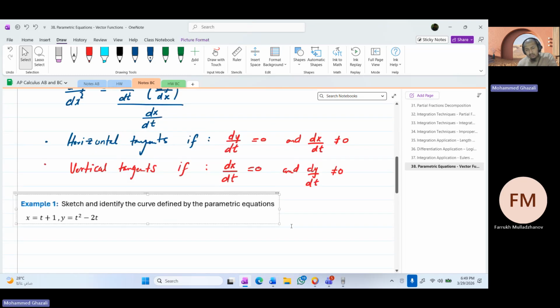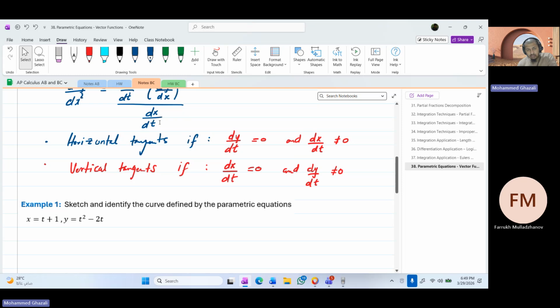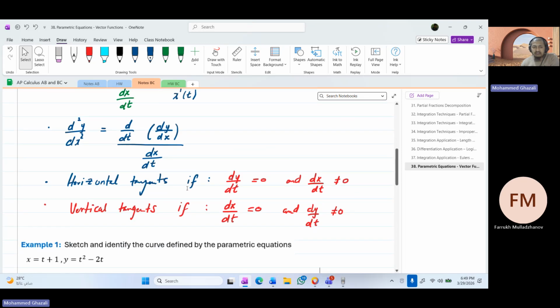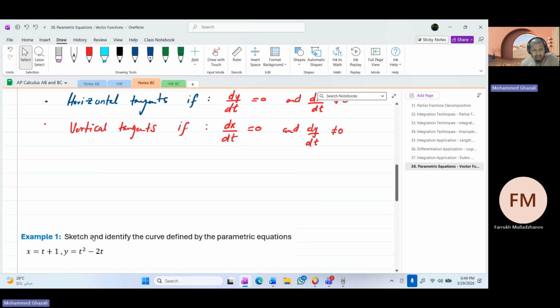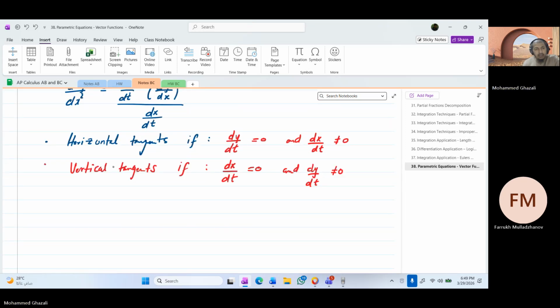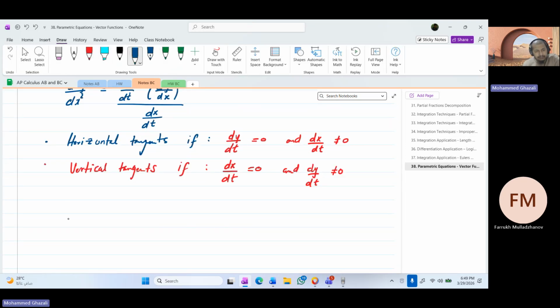Now, before we start with calculus on parametric curves, we need to know how to sketch a parametric curve, basic stuff. Let me not take this example. Let me just give you my own example first. Let's take a linear function and convert it into parametric form.